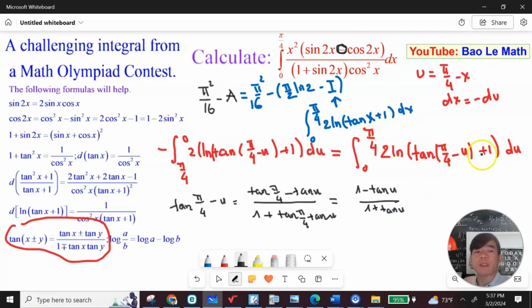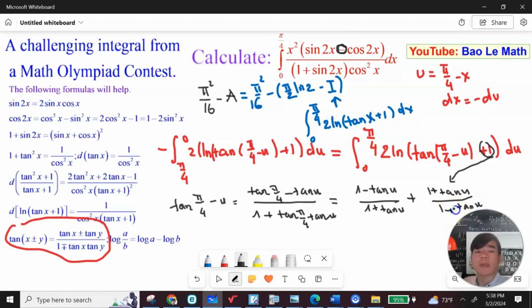Now I need to simplify with plus 1 right here. I see the denominator 1 plus tangent u, so I can write this 1 as 1 plus tangent u over 1 plus tangent u.